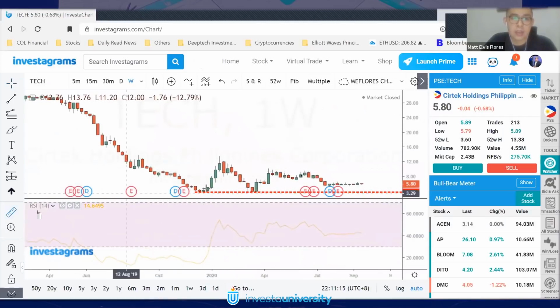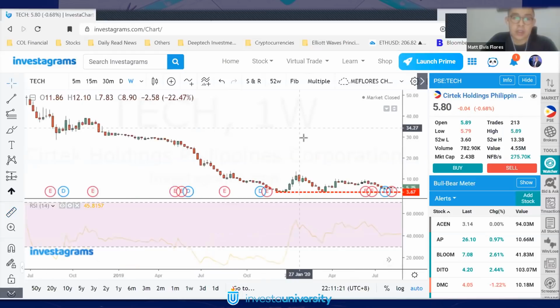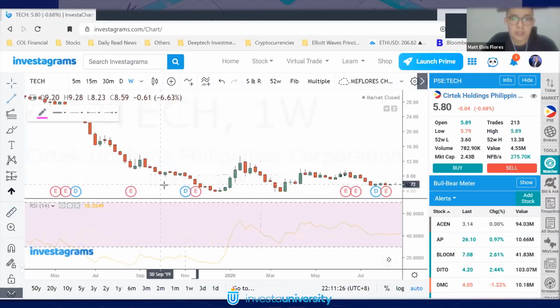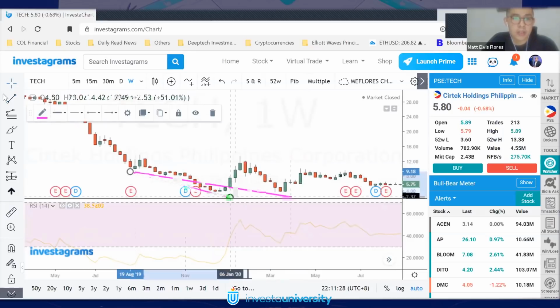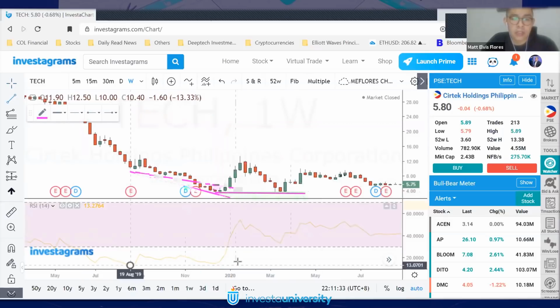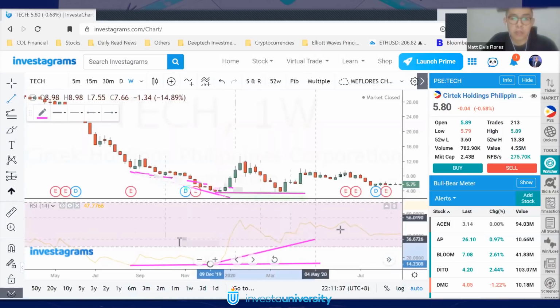That's 100% pala. Just using a bullish divergence, the trend is reversing. You have your relative strength index no longer falling, no longer breaking lower.